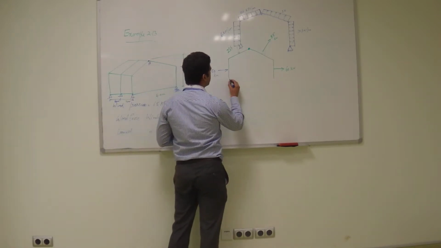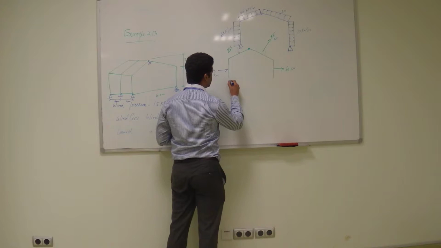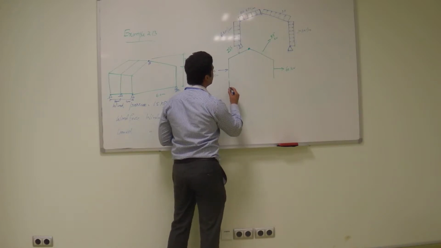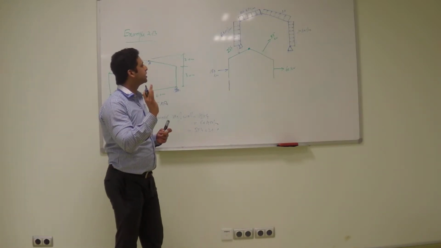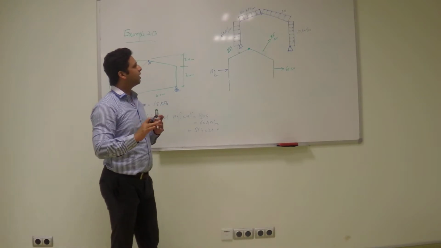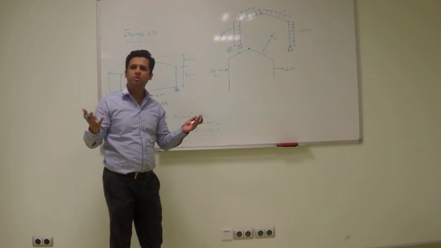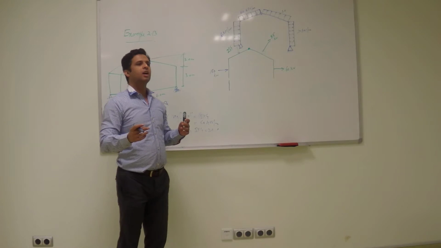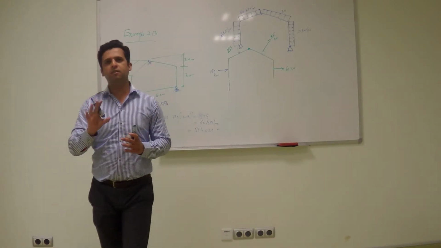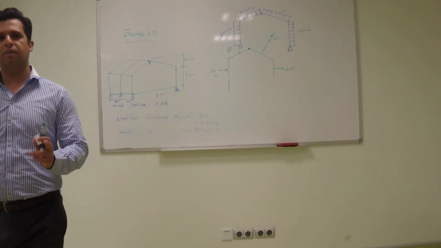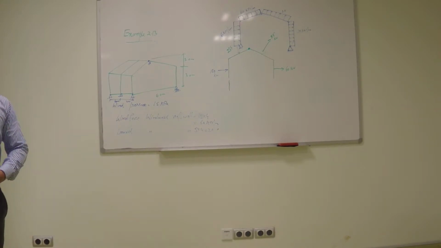Upward or downward? At the moment you don't know. If it is positive, it means your assumed direction is correct. If it is negative, it means your assumed direction is wrong and we change it. But you can assume any direction, whatever you like.